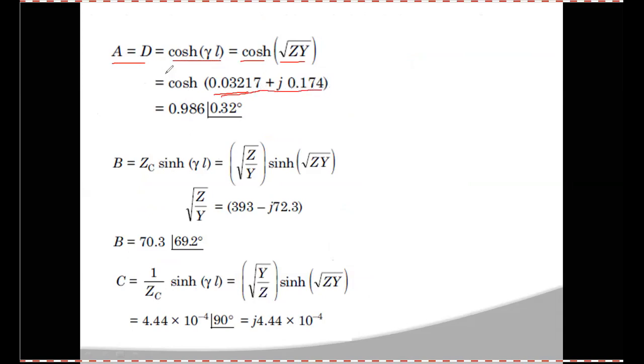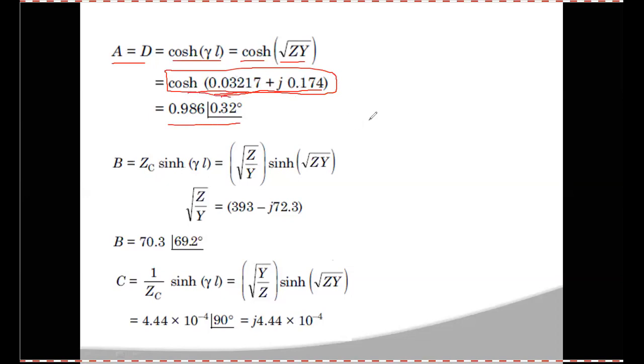If you type this in your calculator, you will get a math error. So you have to calculate by using an alternative method, and that value finally comes to 0.986 at an angle of 0.32 degrees. How can you calculate this value? By calculator you cannot get it.